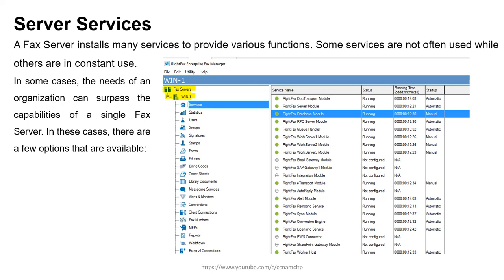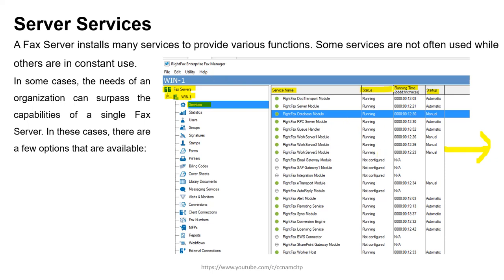If I go to the services tab, I can see lots of services. Here you can find a service name column, this one is the status column, this one is running time, a startup column, and some other information on this side. The most important column to understand the concept I just spoke about is this status column.